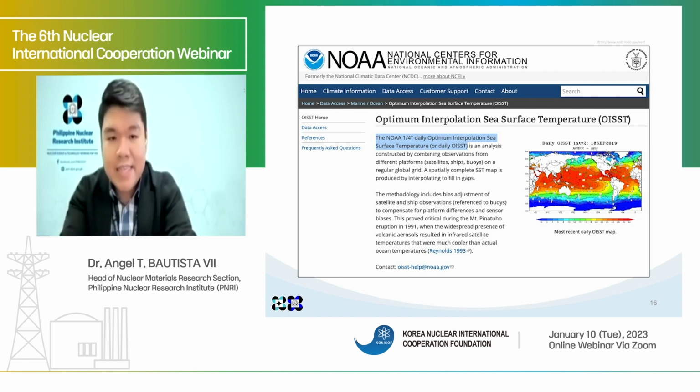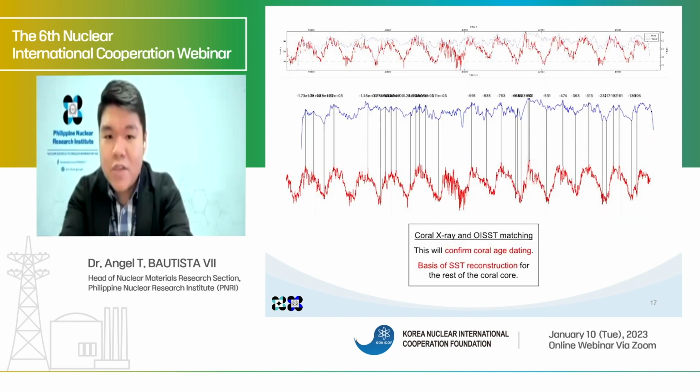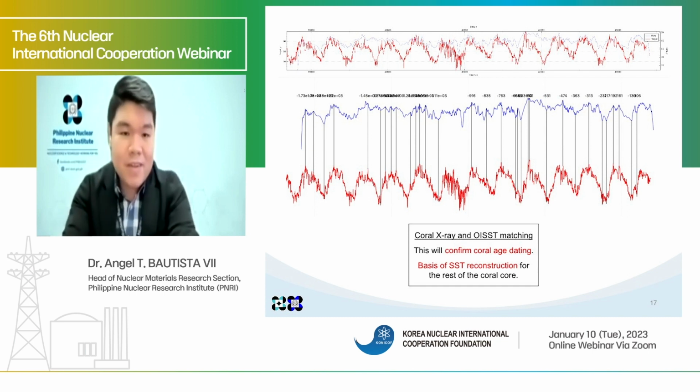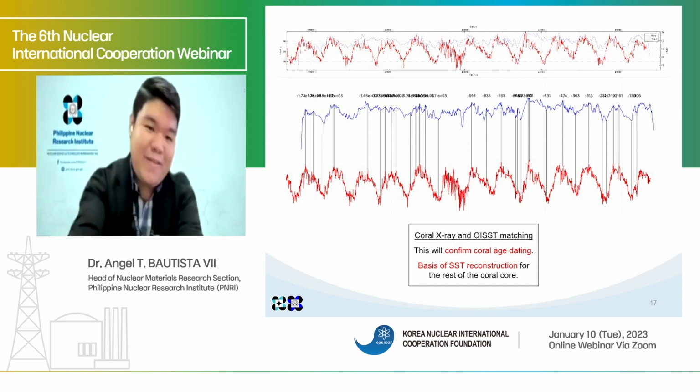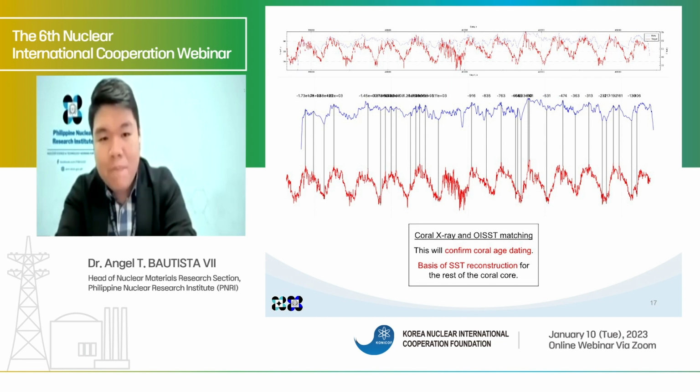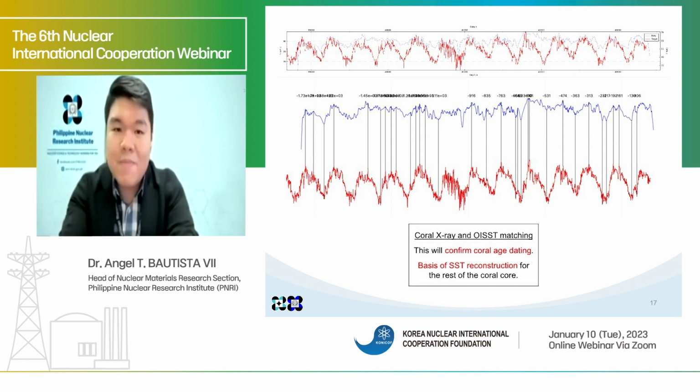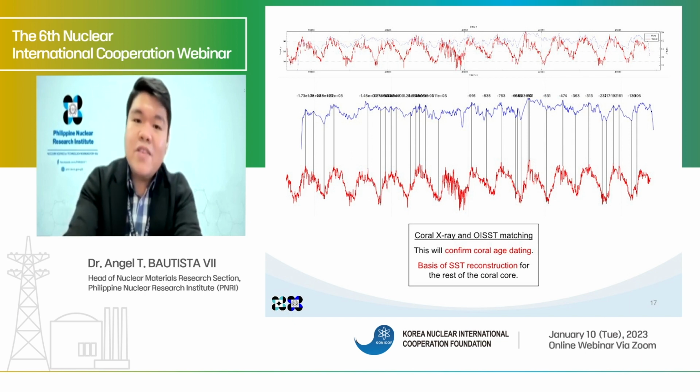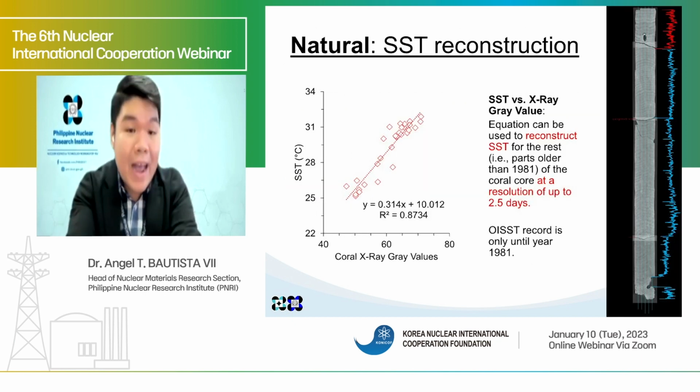So we can download that easily. So we compare the gray values with some database of SST that covers only modern times. So we connect them like this. So we put in some connections. We call them tie lines. And then through these connections, we could create some type of calibration line or calibration equation.